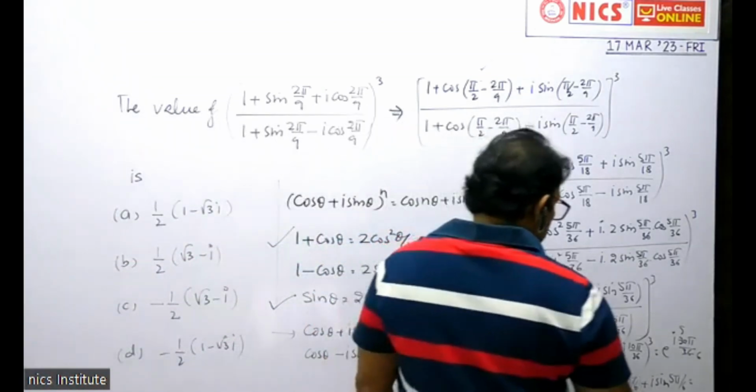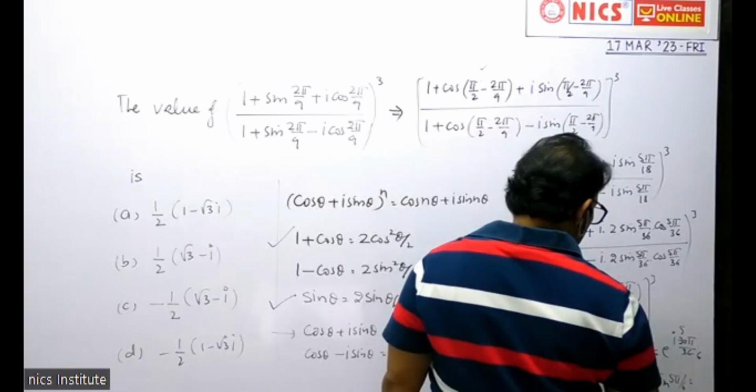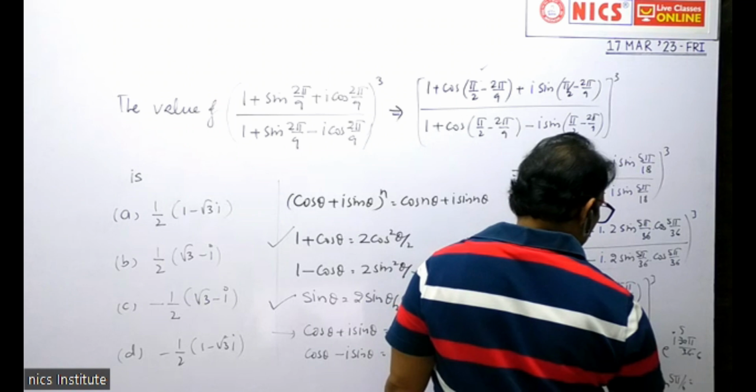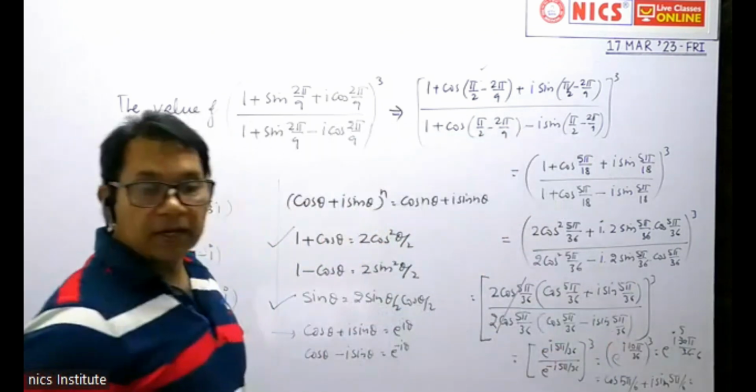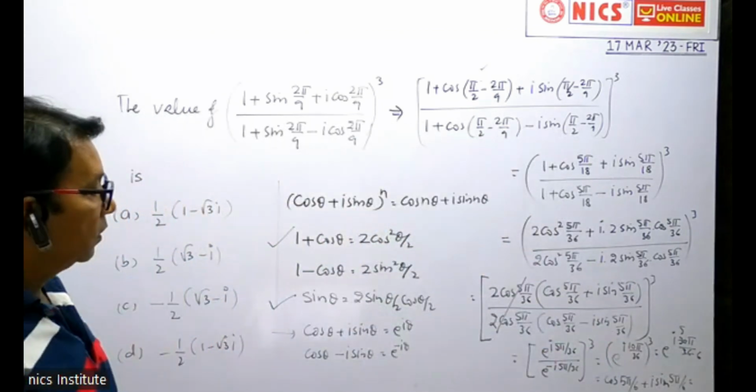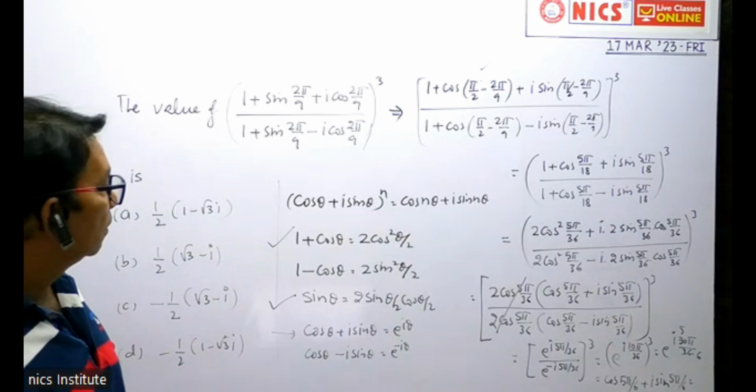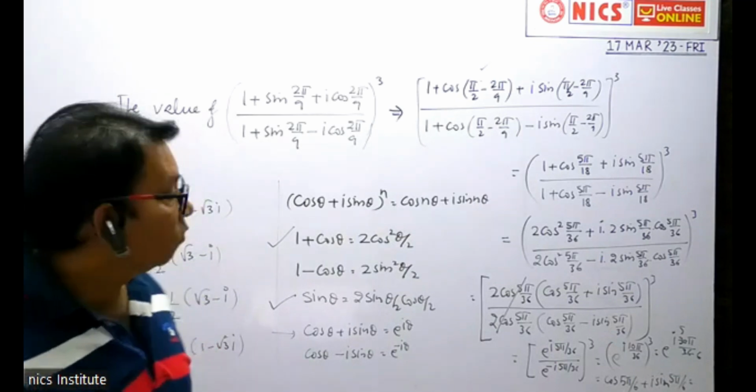Cos 5 pi by 6 is minus cos pi by 6, so minus root 3 by 2. Sorry, iota will not be there. And this is 1 by 2 into iota. Minus root 3 by 2 plus 1 by 2 iota.